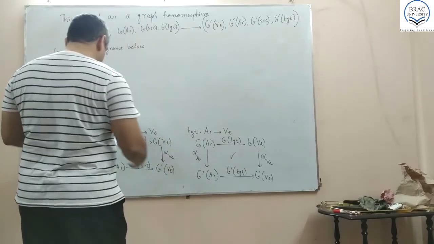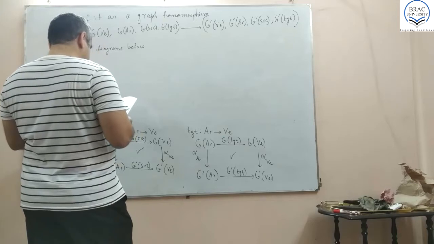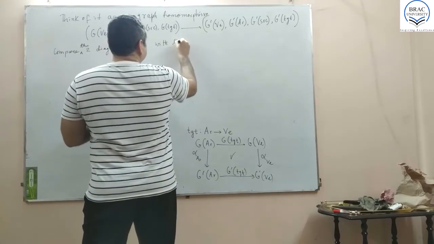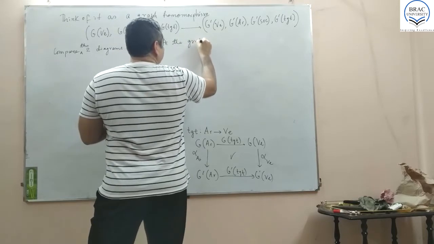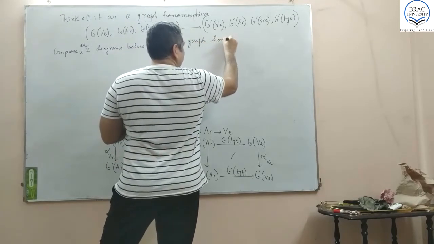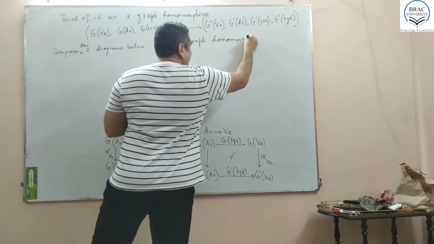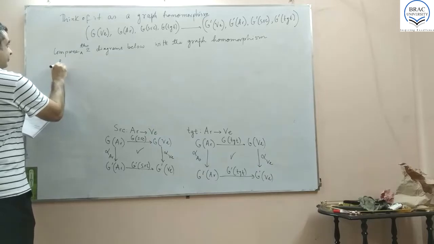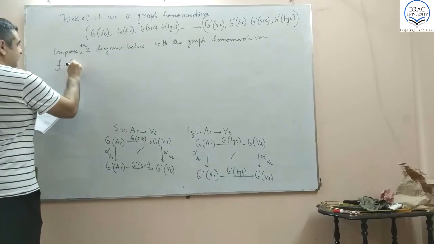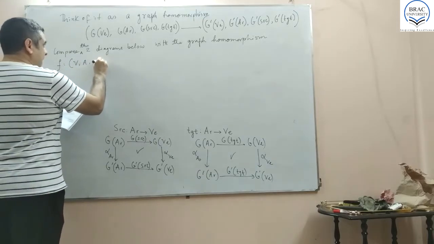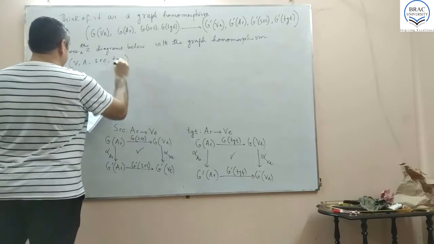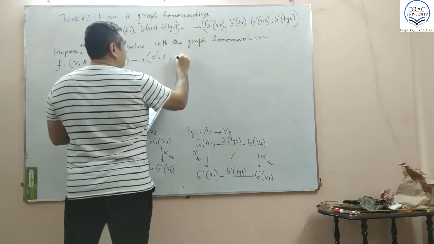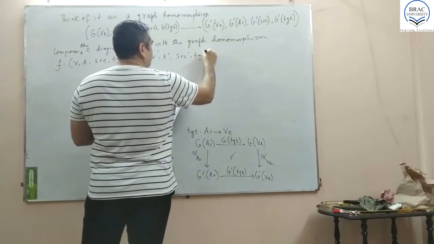By below I mean this one, with the graph homomorphism, A, B, SRC, TGT to A prime, B prime, SRC prime, TGT prime. Okay.